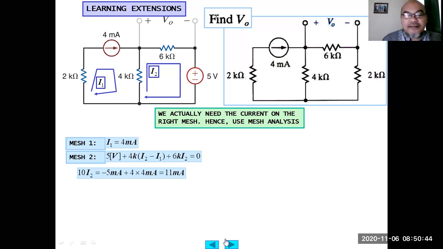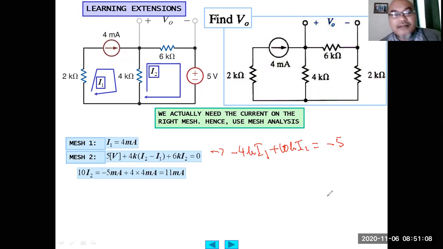Let's just write it down, otherwise it becomes confusing. So this becomes negative 4K I1 plus 10K I2 equals negative 5.